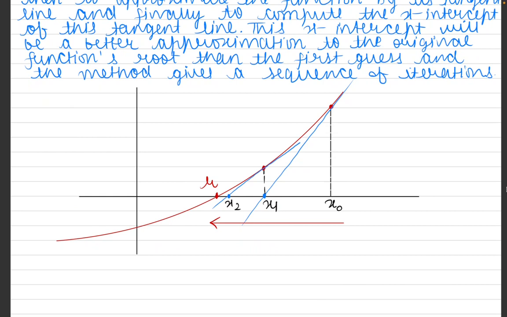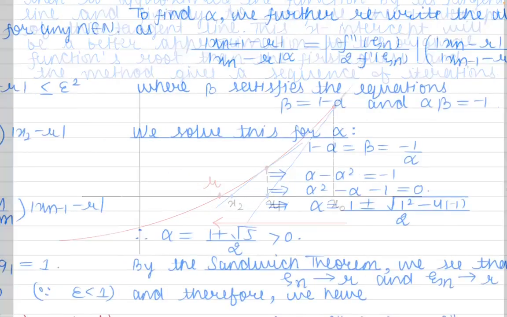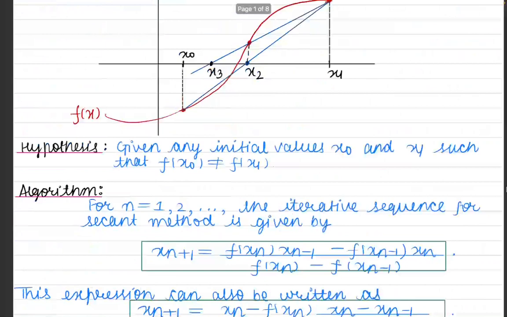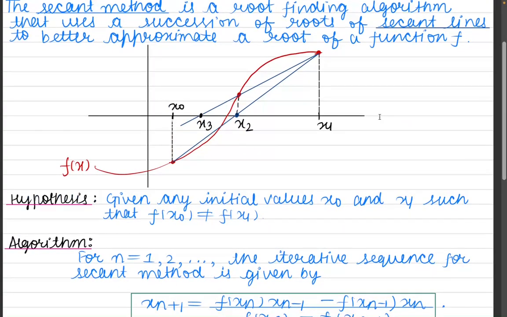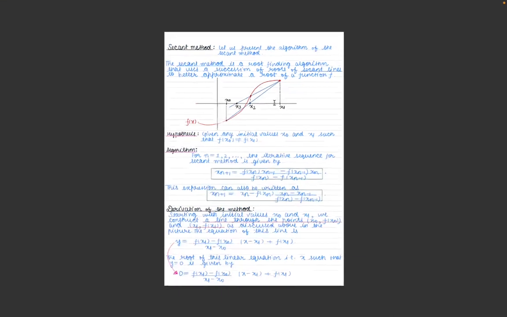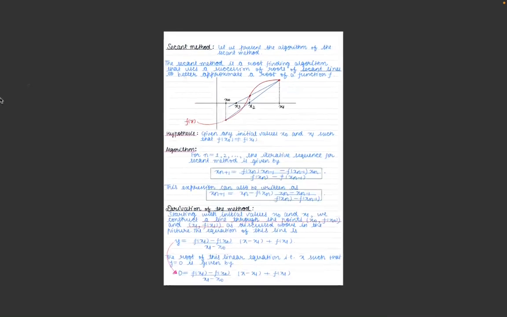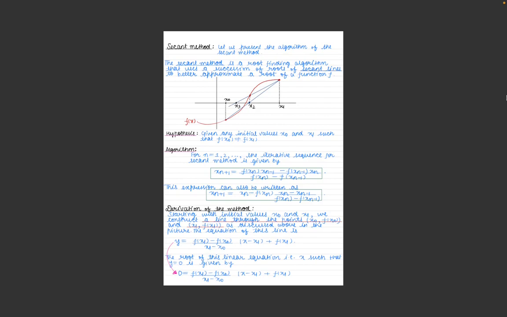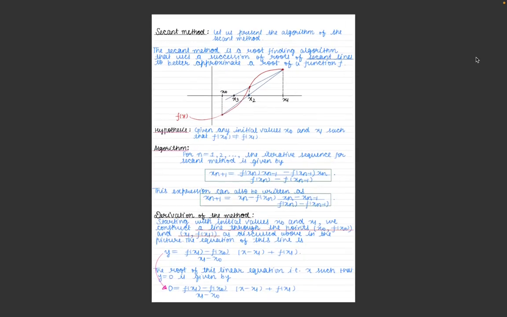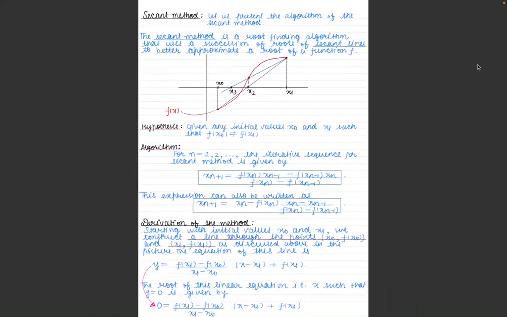Okay. So in the last class we discussed the bisection method. In the beginning of this session today, we started with the secant method. So see, throughout the discussion over the past few classes, the aim has been how to find the root of a given function, and that function need not be linear.